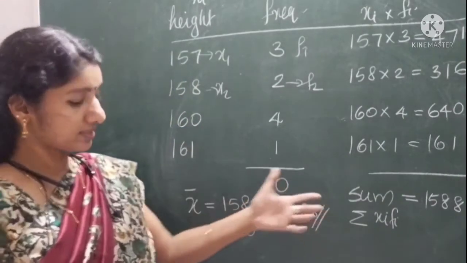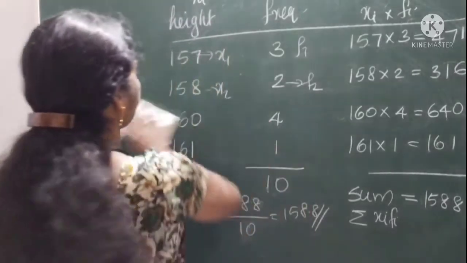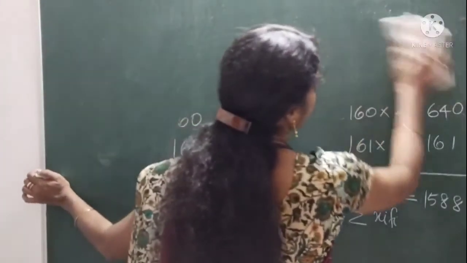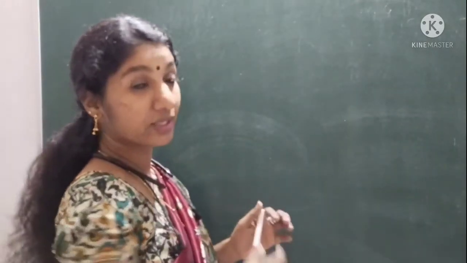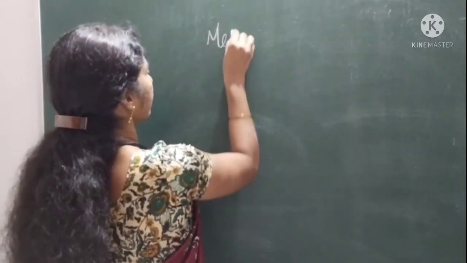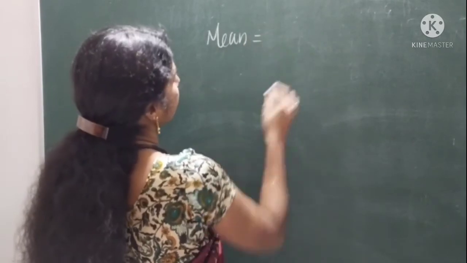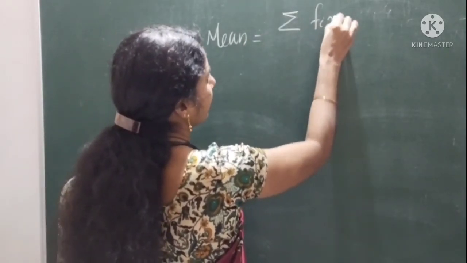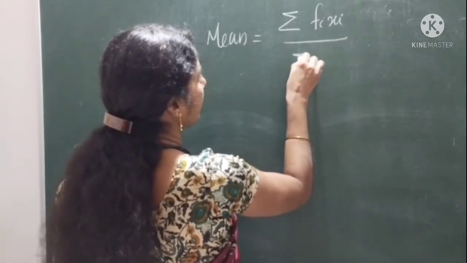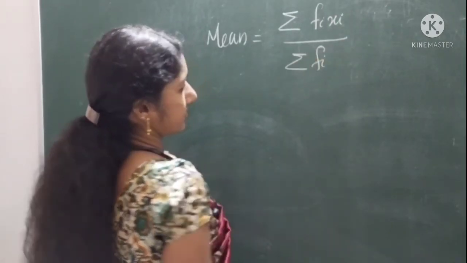Okay. So this way, if you are given a frequency distribution table, you can write the equation for finding the mean of the data, that is sigma fi into xi divided by the sum of all fi's.